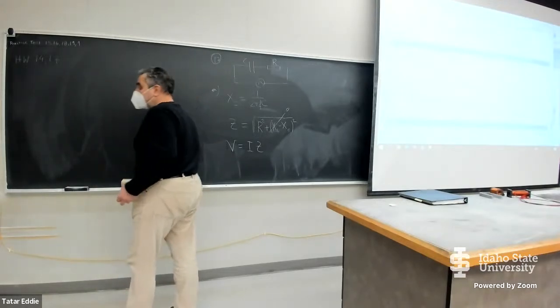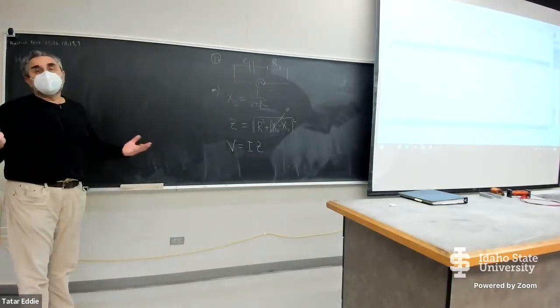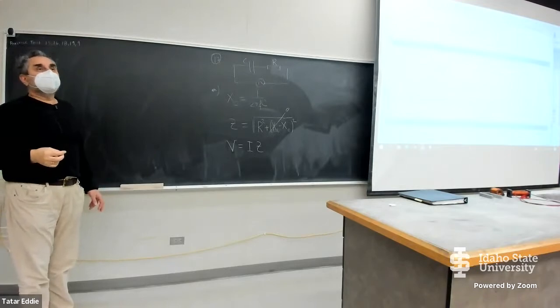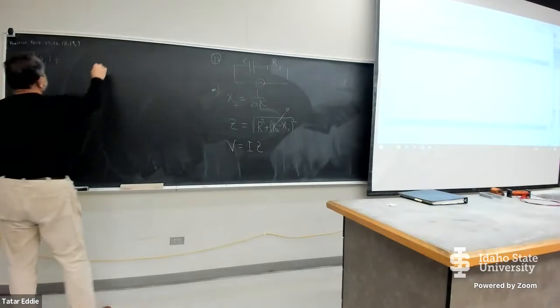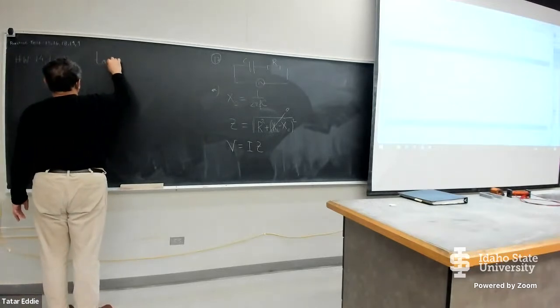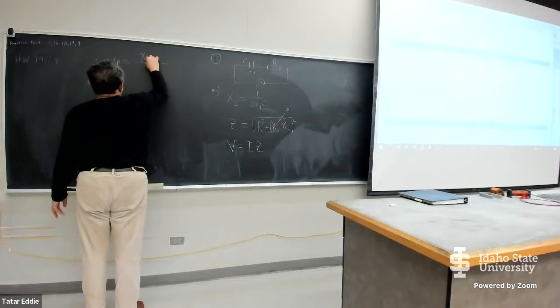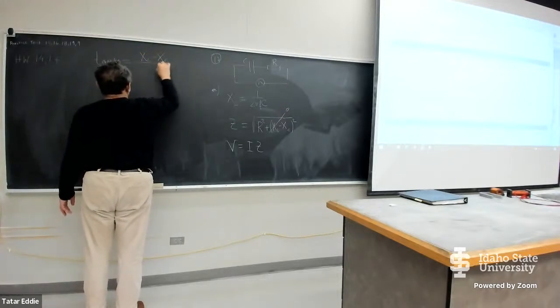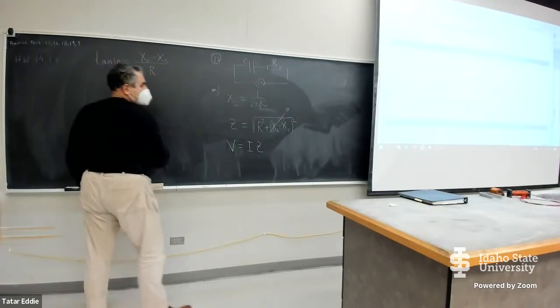If you look at the formula that we derived using phasor diagrams, we showed that the tangent of the phase angle is equal to XL minus XC divided by the resistance, I think.